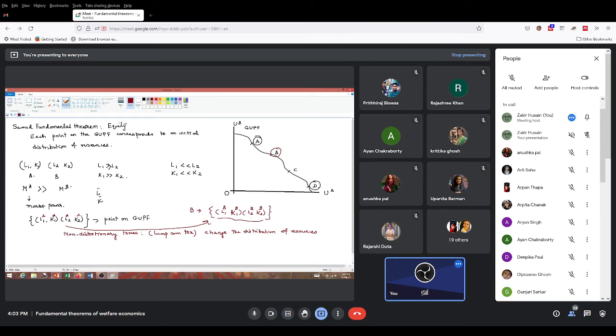This point B corresponds to my notion of equity. So if I can change the distribution from this one to this one through a lump sum tax, I am going to end up at an equitable point. Once I change the distribution of resources through the lump sum tax, I step aside, the first fundamental theorem starts operating, and I move to point B.